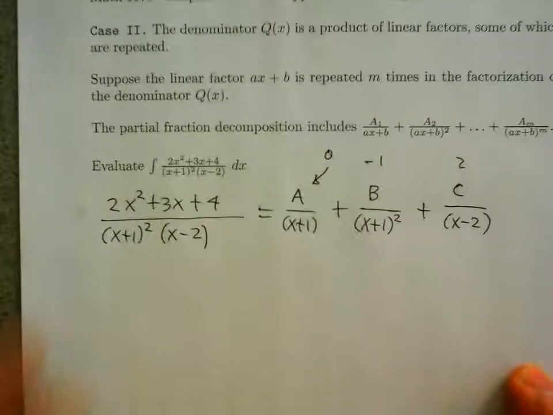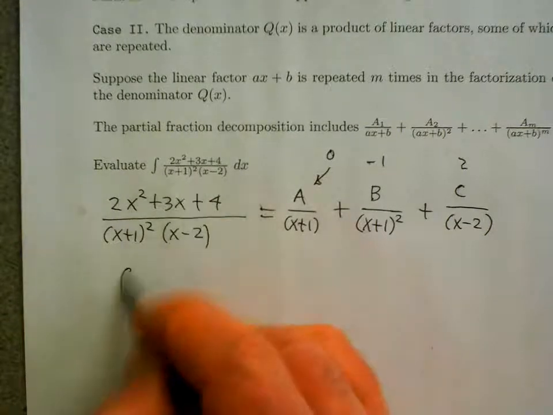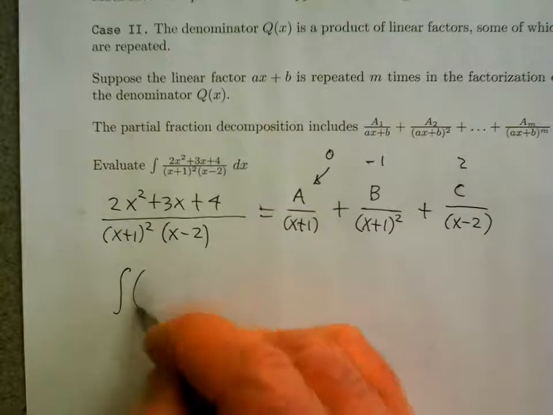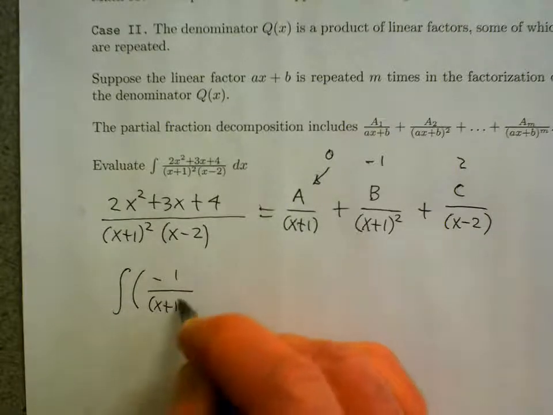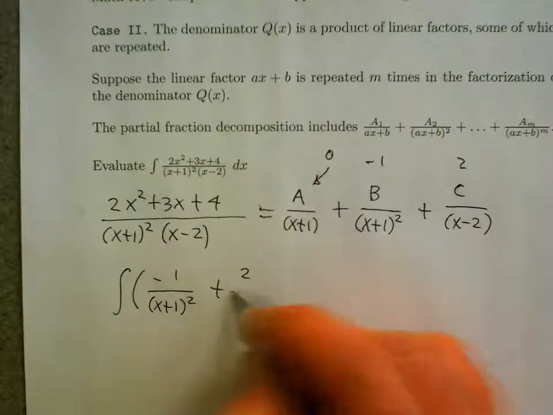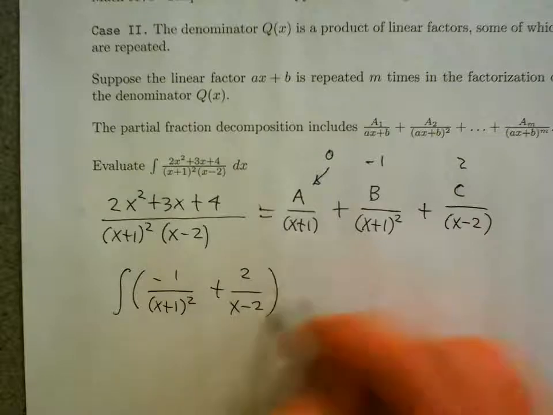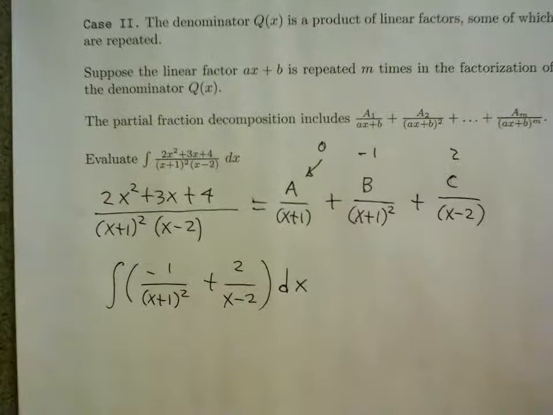Okay, so we can write this integral of -1 over x plus 1 squared plus 2 over x minus 2 dx. Okay, so that seems like a lot of work, but the payoff is good. These are pretty simple integrals to evaluate.